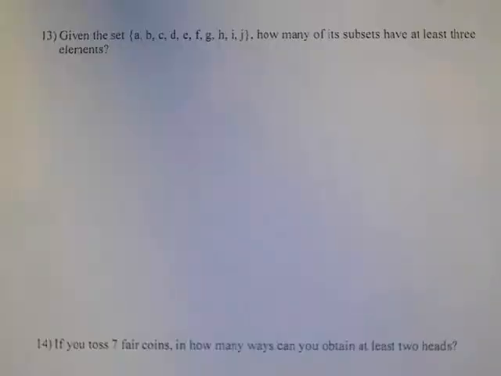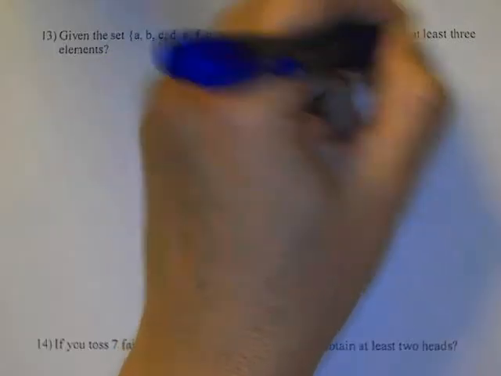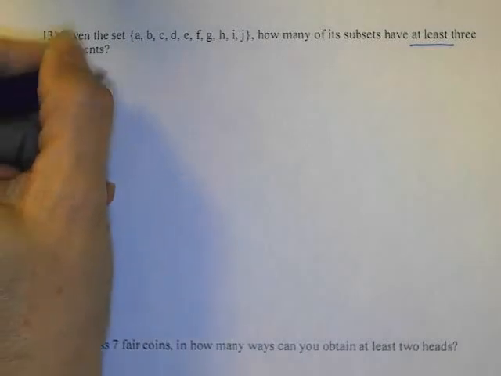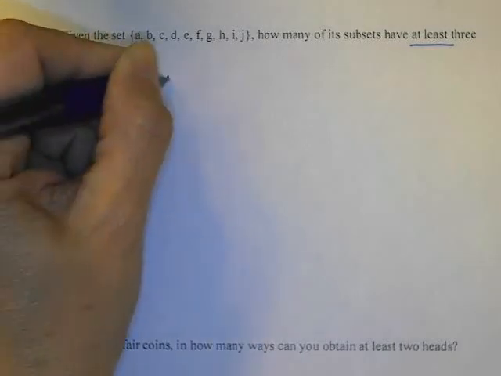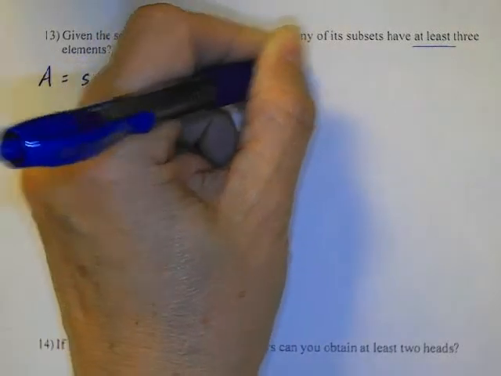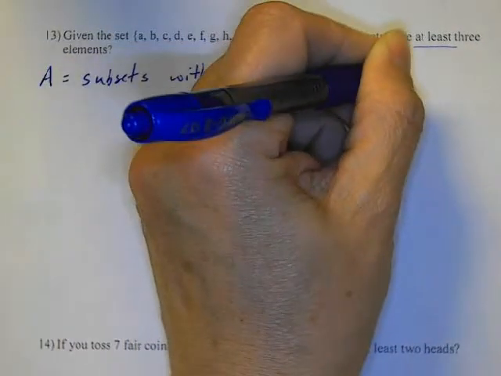Given the set A, B, C, D, E, F, G, H, I, J, how many of its subsets have at least 3 elements? A is subsets with at least 3 elements.